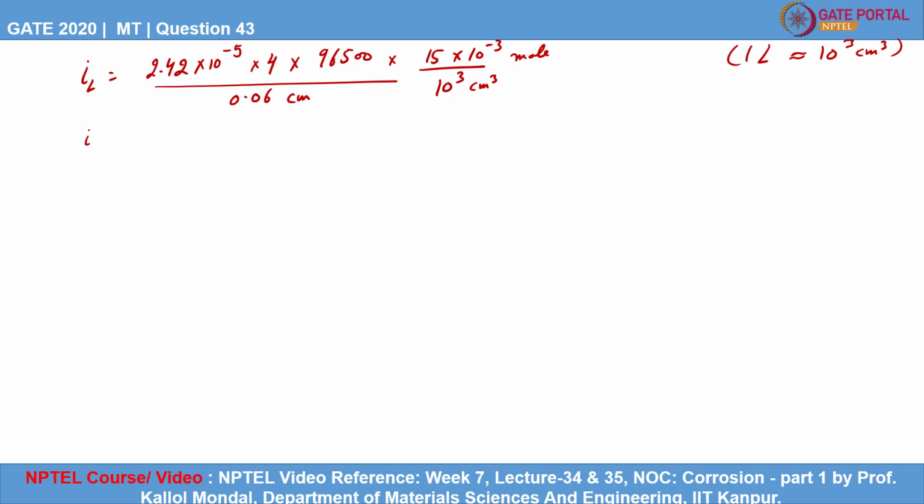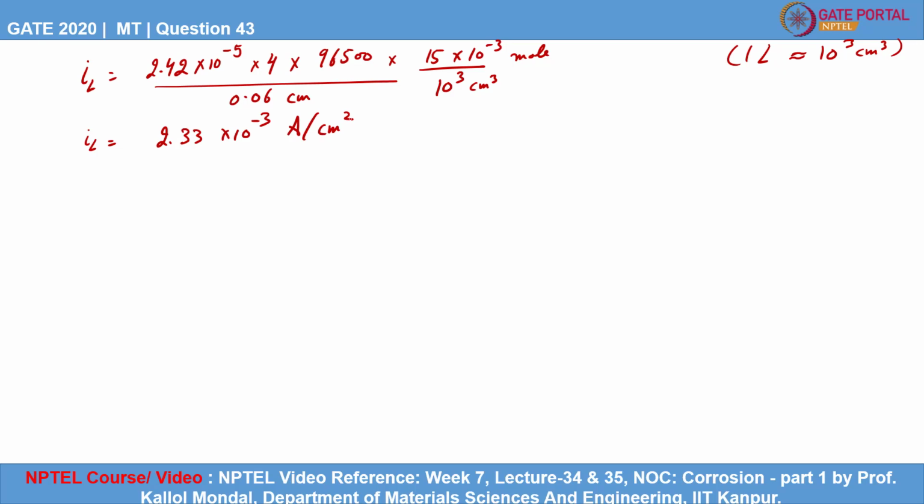Upon calculating, you will find that the IL value is nothing but 10 raised to power minus 3 ampere per centimeter square. That is the limiting current density.